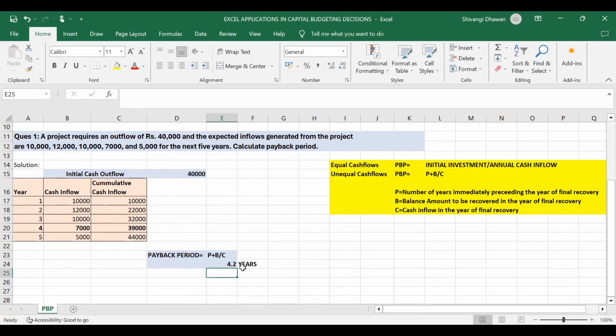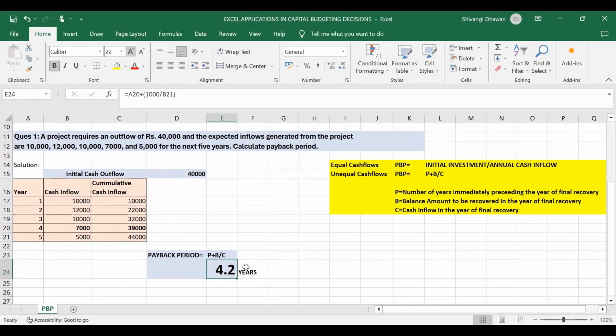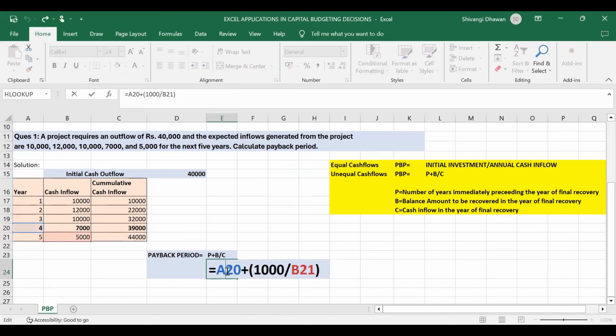So for it, I will zoom it a little for your clarity. So here it is. P is 4, that is 4 plus bracket 1,000, that is the balance amount to be recovered in the year of final recovery. So we only need to recover 1,000, as we have already recovered 39,000 and we are left with just 1,000 to recover 40,000 in total, divided by cash inflow in the year of final recovery, that is 5,000.